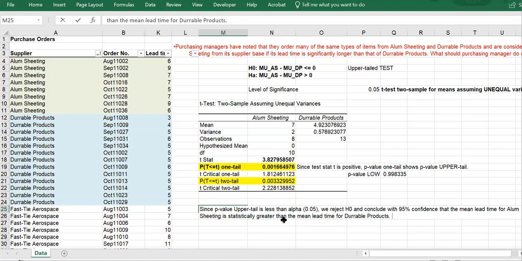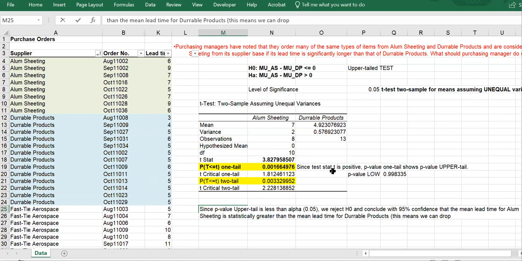Since the p-value upper tail is less than alpha, we can reject the null hypothesis and conclude with 95% confidence that the mean lead time for aluminum sheeting is statistically greater than the mean lead time for durable product, which in business terms means we can drop it. We now have enough evidence, even though the sample sizes are not that big.